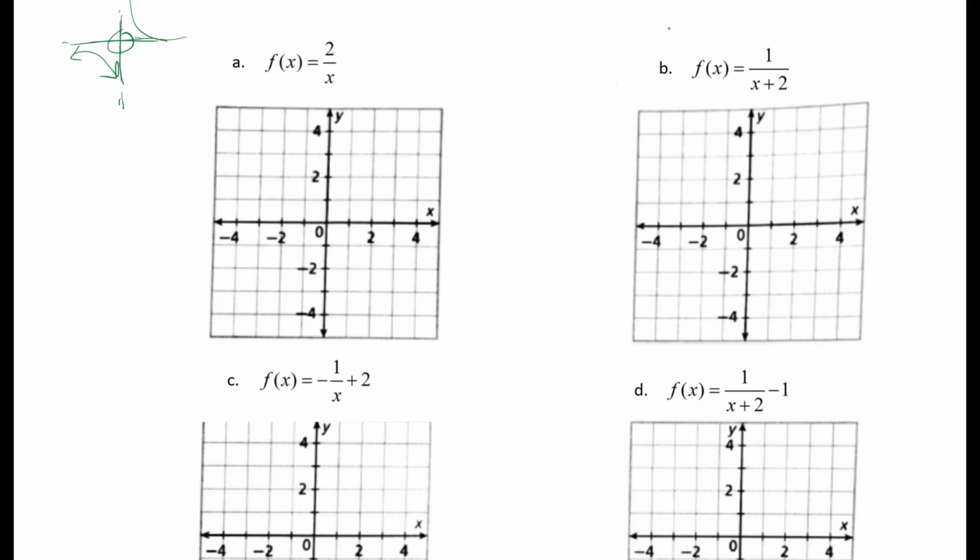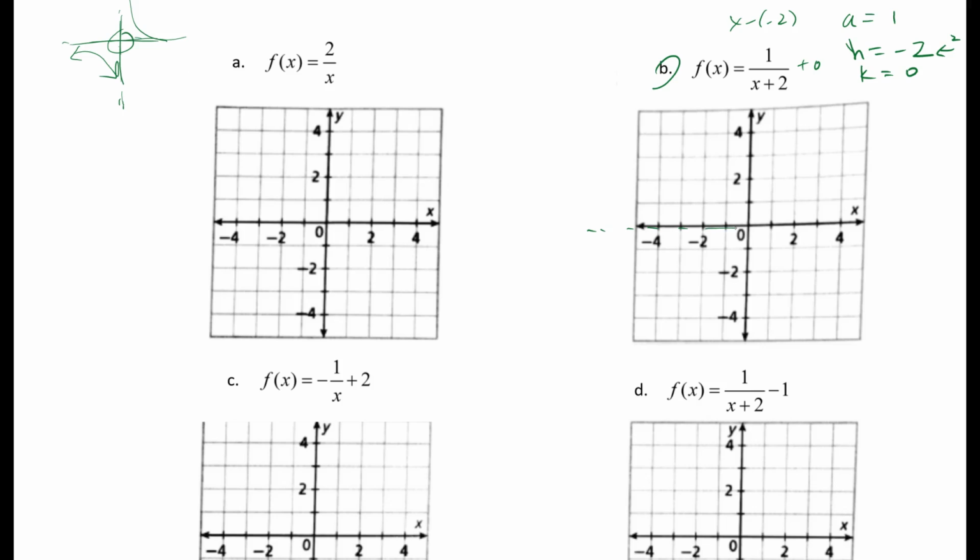So I'm going to go ahead and do b. Let's identify what the parameters are for b here. A is just going to be 1. H is going to be -2. Don't forget, we have to think about that x minus 2 to get x plus 2. K, there's an implied 0 here, so k is 0. So this is going to mean left 2 and no vertical shift.